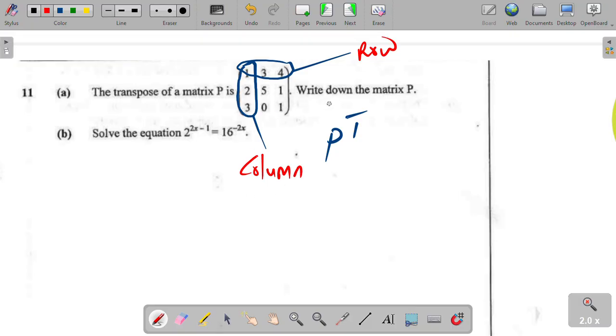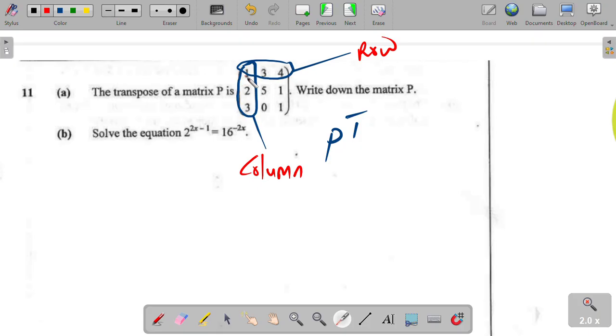Now when we are told to write down the matrix P, we are told to transpose again. Meaning, pay attention here, these numbers in the column will become rows.